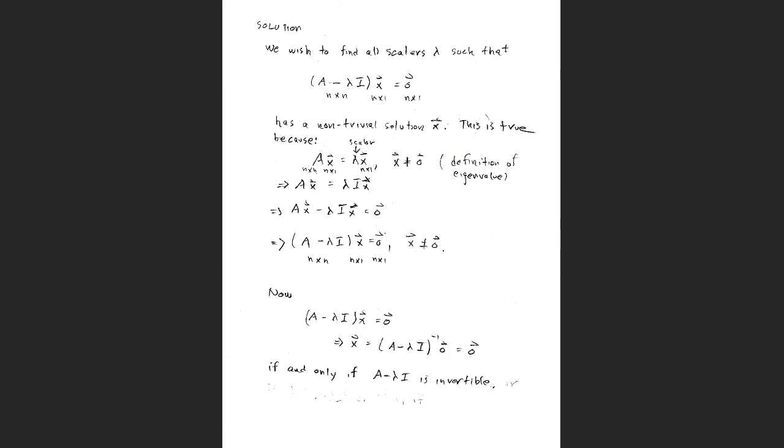So again, our goal is we wish to find all scalars lambda such that A minus lambda times the identity times the vector X equals 0 has a non-trivial solution. Now let me go back to the previous page. You might wonder, well, all you wrote down is that the determinant of A minus lambda I equals 0.